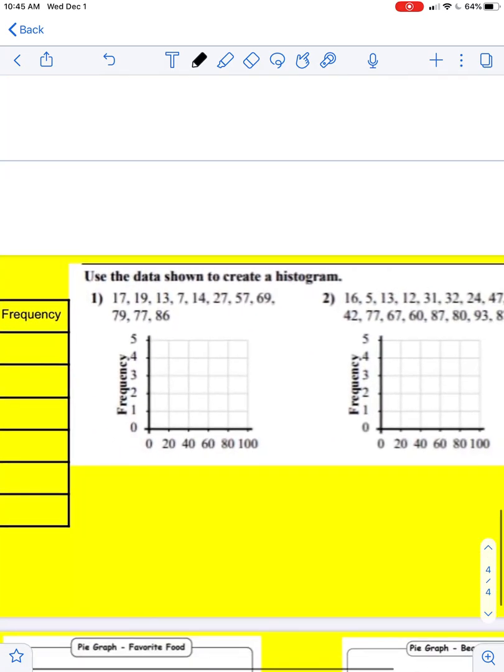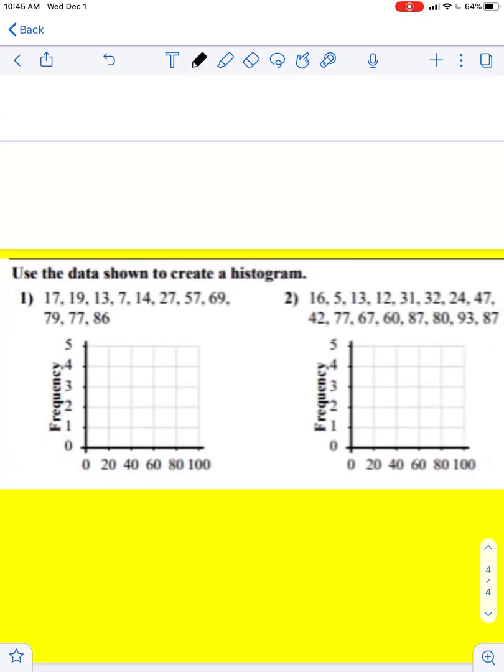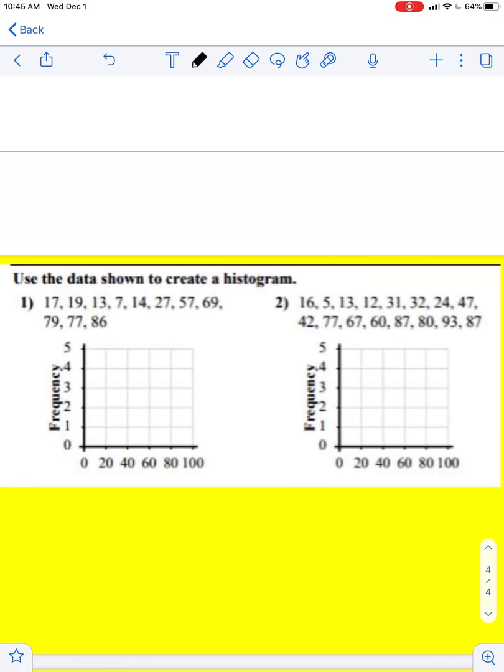And we are going to move on to making a histogram because these are a little different than a bar graph. So I want you all to pause the video and make the 2 histograms from the data that it is asking you to use in these 2 problems. So go ahead and pause the video and come back when you are finished.